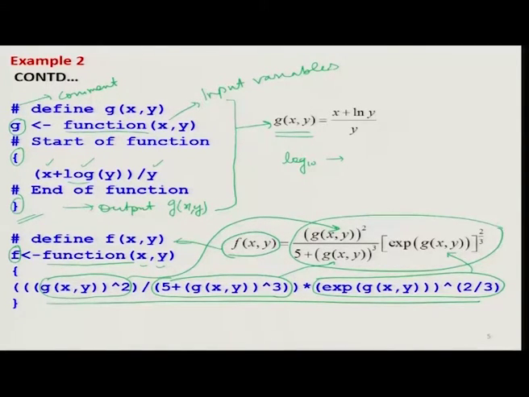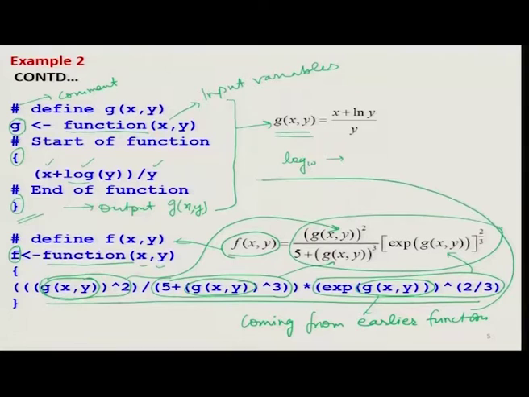So you can see in this function f(x,y) I am trying to call g(x,y) directly, and this g(x,y) is coming from the earlier function, which is where you see here.